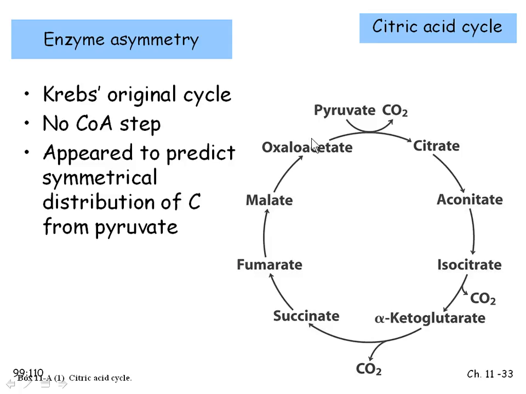And in a reaction like this, it appeared to him that the carbons that entered in pyruvate ought to come out symmetrically on both sides. And yet, it didn't work that way. Although it looked as though it ought to come out symmetrically, it didn't.